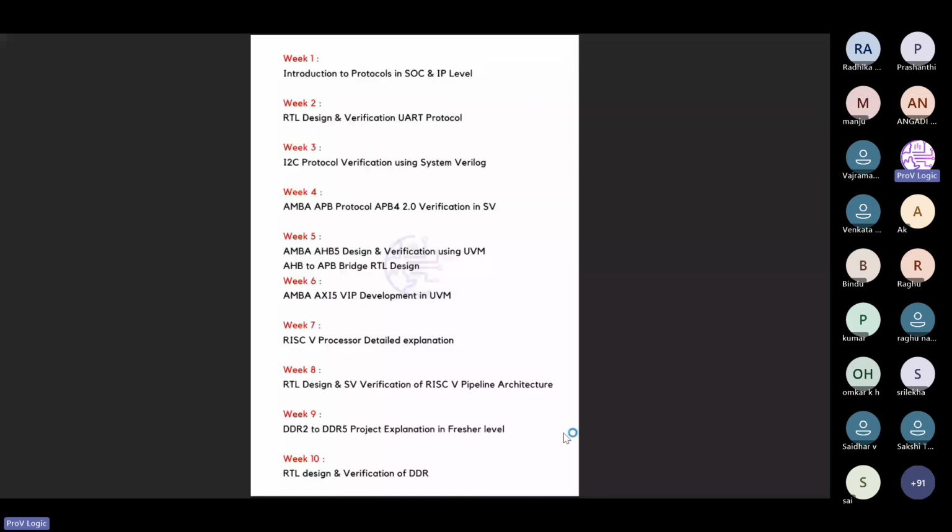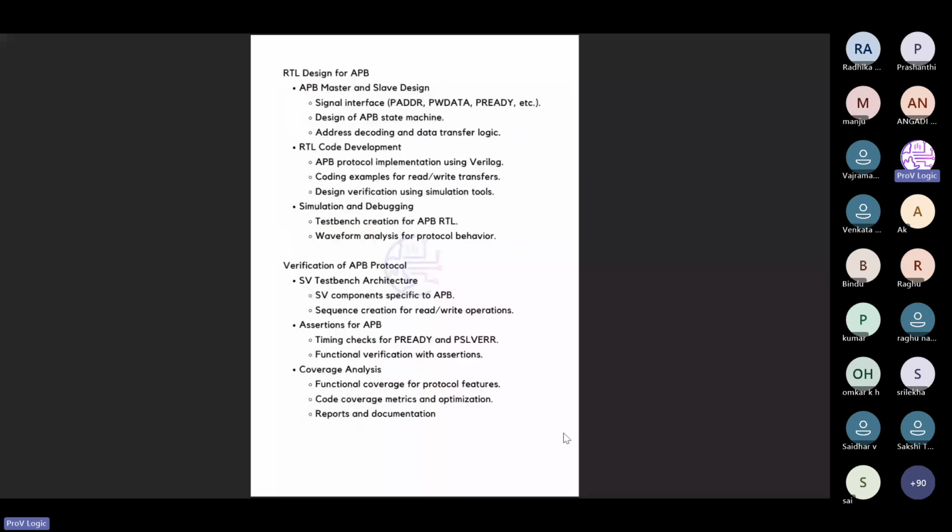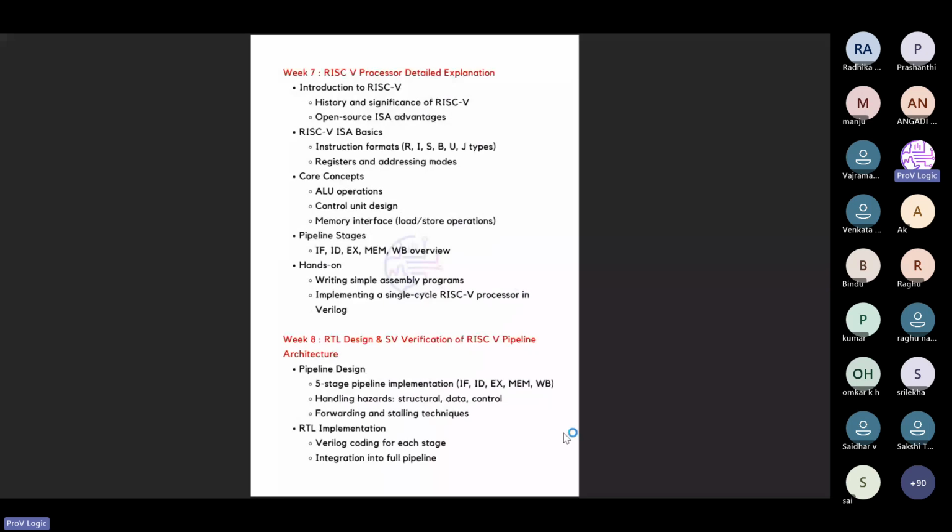Week 1 will be total protocol introduction. Next week I will start UART also. This is the detailed curriculum of what you will learn in UART, I2C, APB, AHB, AXI, RISC processor, and DDR memory.